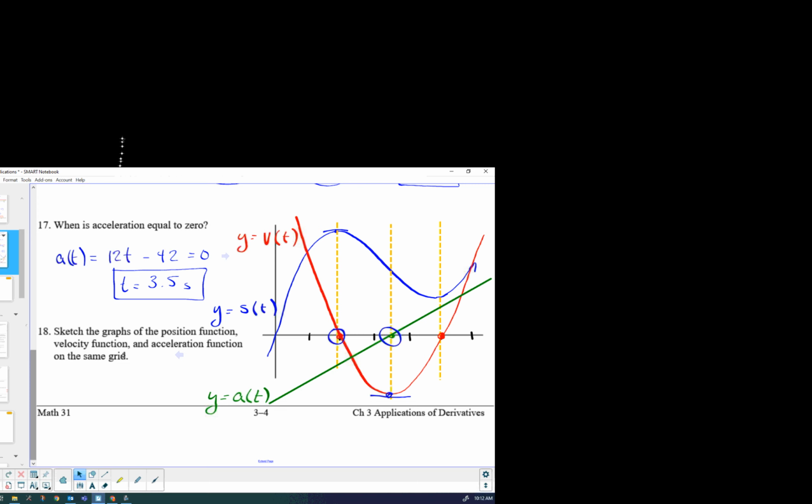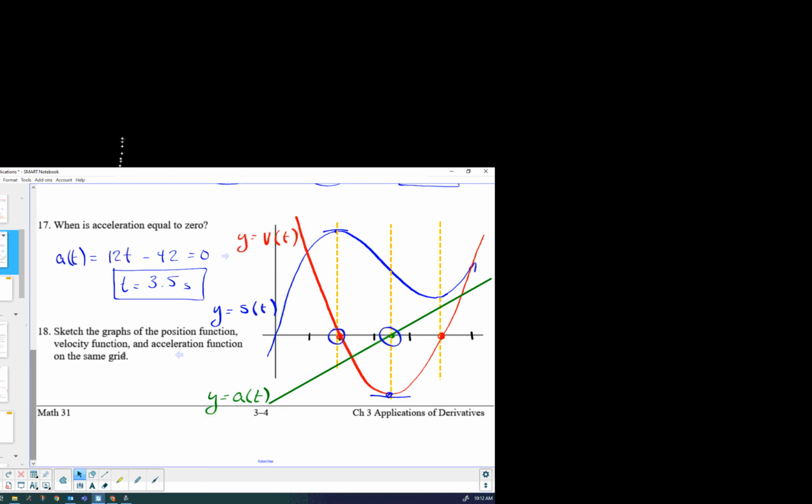Yep. Negative and positive. So as we look at our x-axis, if one function is above the x-axis, the other is below, our object was slowing down. Because here between 0 and 2 seconds, my velocity was positive, my acceleration was negative, opposite directions, so my object, whatever it was, was slowing down.